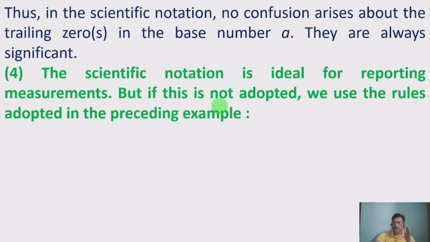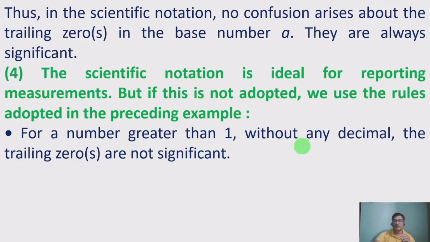But if this is not adopted, we use the rules adopted in the preceding example, 4.700, and merely changing the units does not change the number of significant figures.